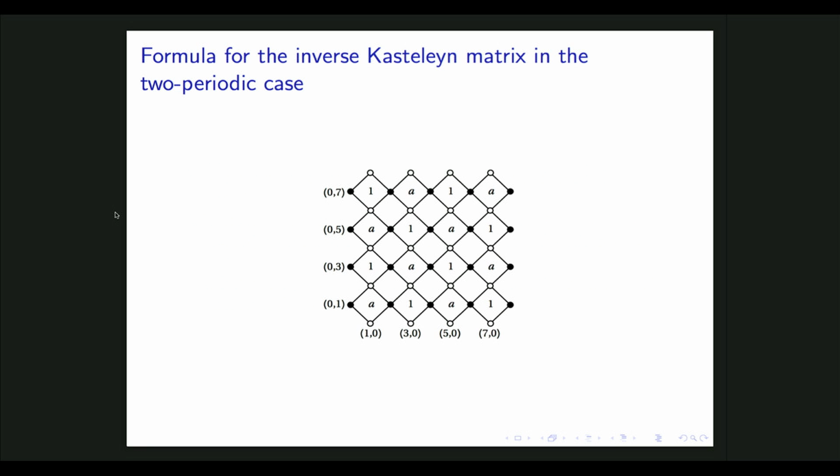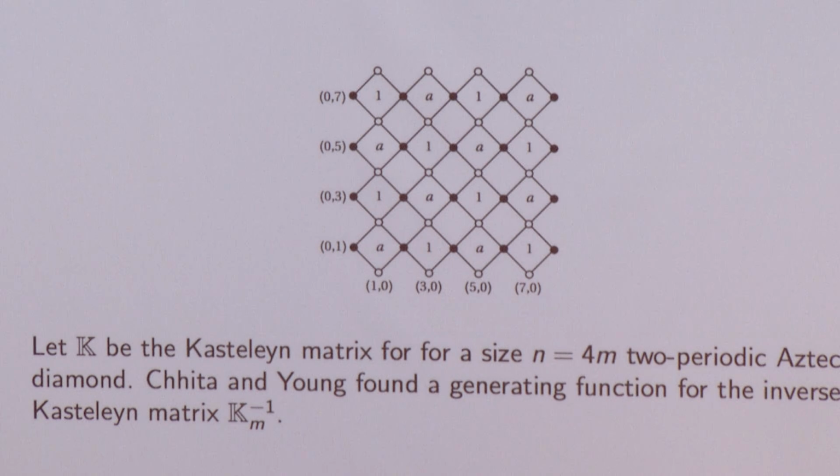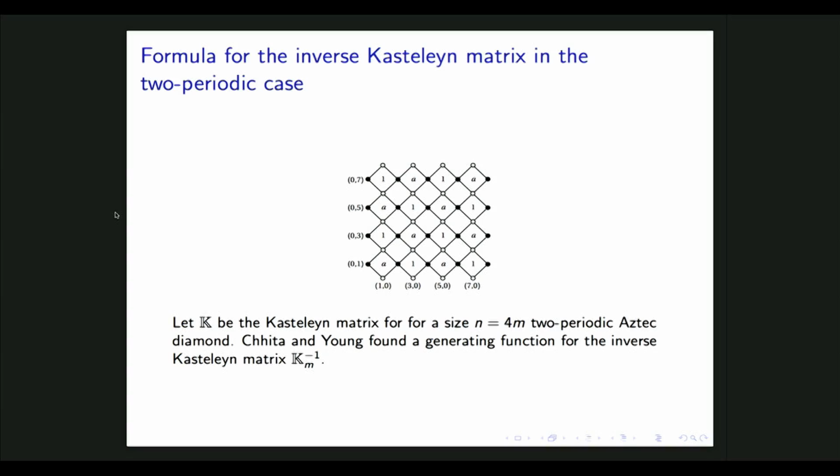So let me say what we have been doing on this model. You can introduce some coordinate system on this graph, just to know what points we're talking about. And then you can let K_m be the Kasteleyn matrix for a size n equals 4m two-periodic Aztec diamond.